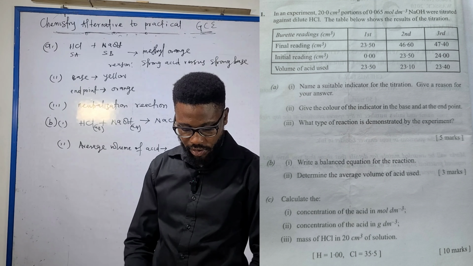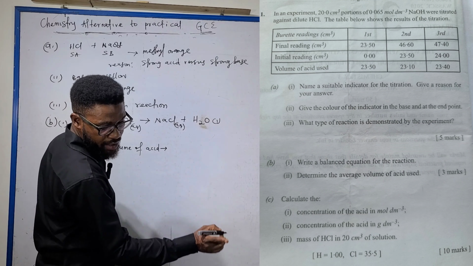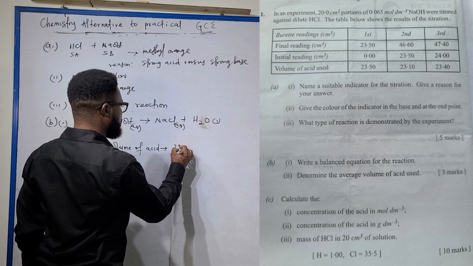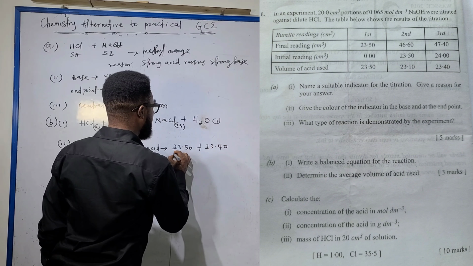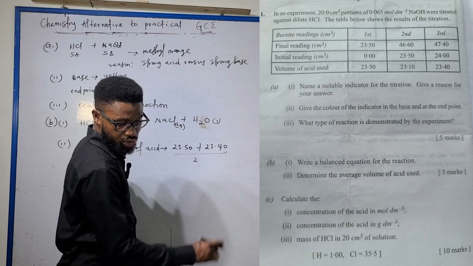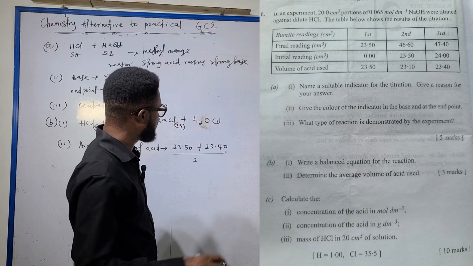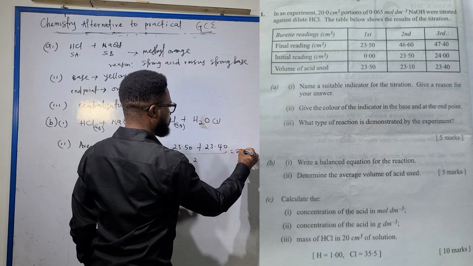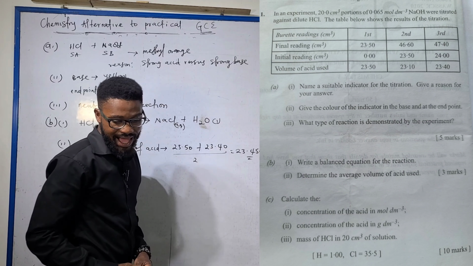The first and the third titrations look concordant or consistent, so my average volume of acid here is going to be 23.50 plus 23.40, all divided by 2, and what I'm going to get is 23.45 cm cube.